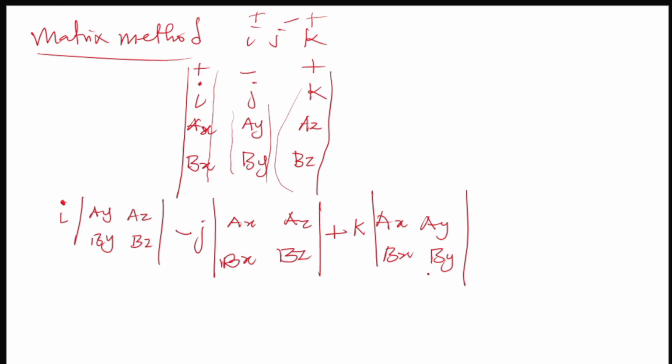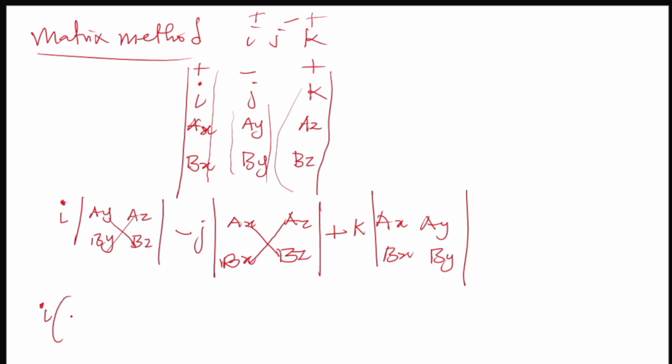Now, what is the next concept in the matrix method? The next concept is when you want to do your multiplication, you take this, you multiply this, then you go over and you multiply this. Are we together? So what you will do first is you multiply with this, then you multiply with what we have here. That's the concept when we are talking about the matrix. Now, if you do that multiplication, you simply have I, AY multiplied by BZ.